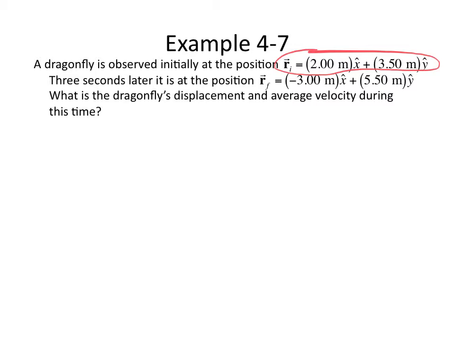And then the final position is negative 3 meters x hat and 5 meters y hat. I probably should have done that in a different color, but that's all right. We want to find out what the displacement and average velocity are during this time.